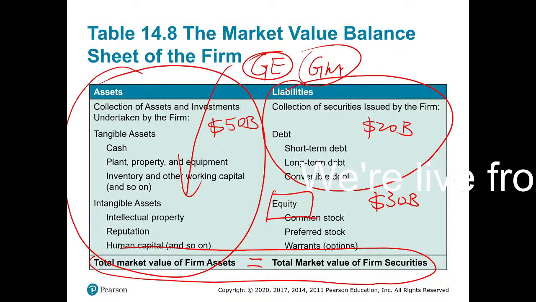And if there are 1 billion shares outstanding, what's the share price? It's $30 per share, right?